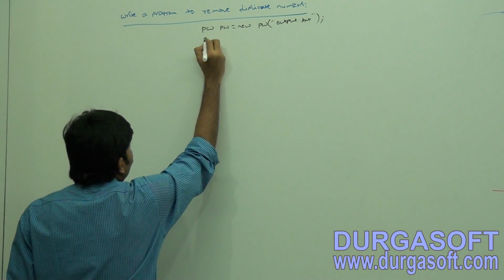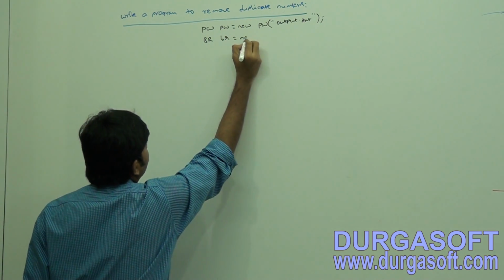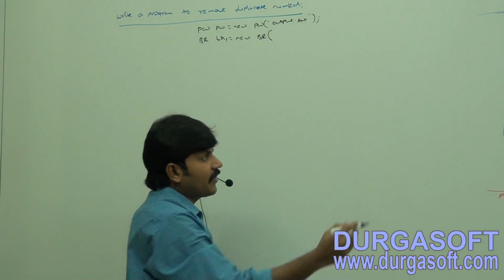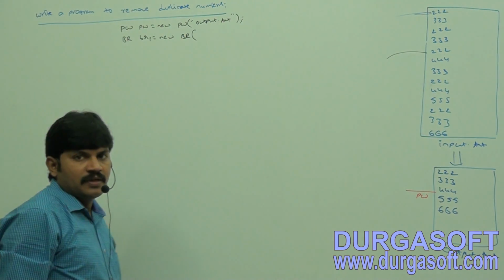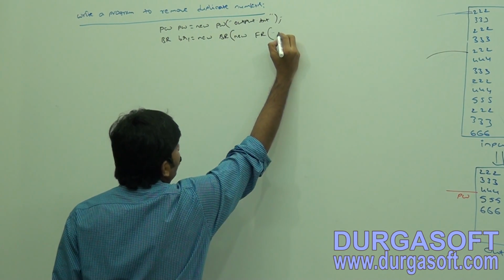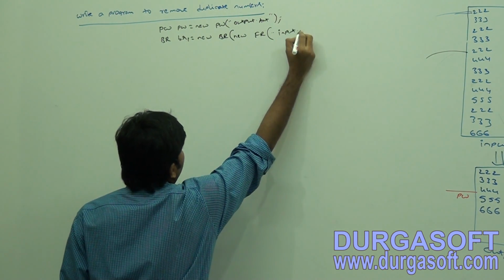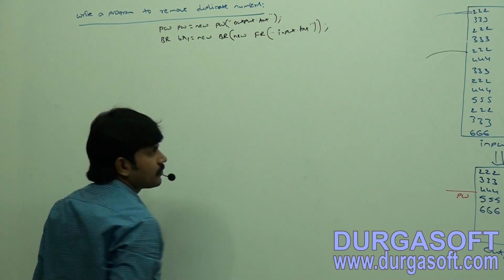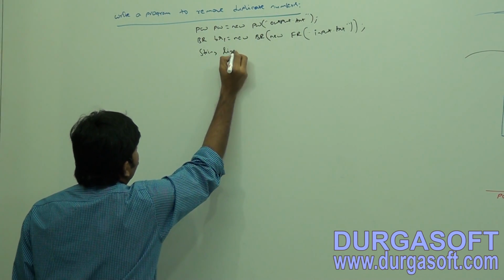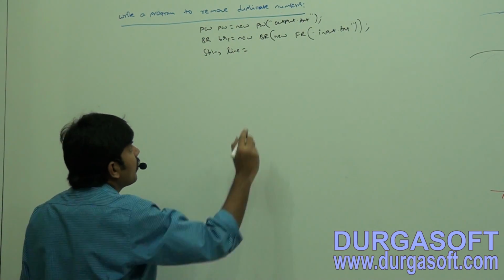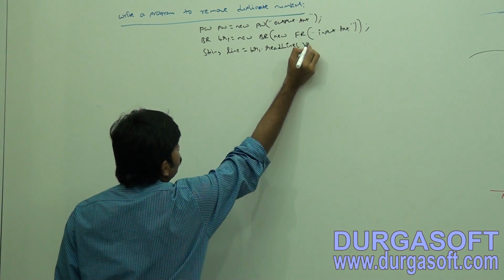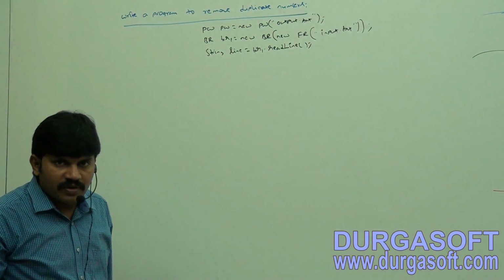Next, BufferedReader br1 = new BufferedReader(new FileReader("input.txt")), because I have to read data from the input file. String line = br1.readLine().